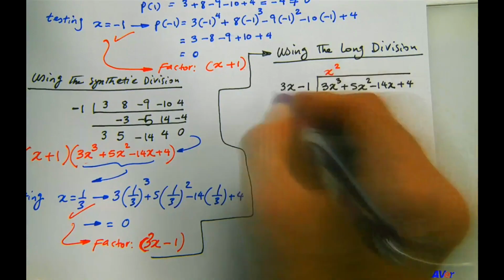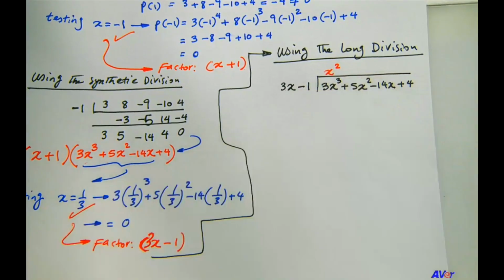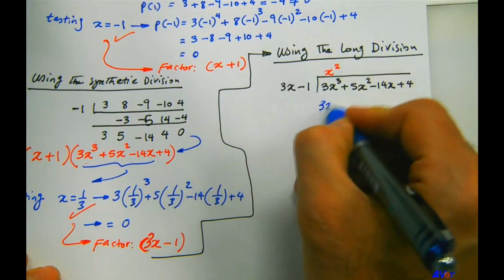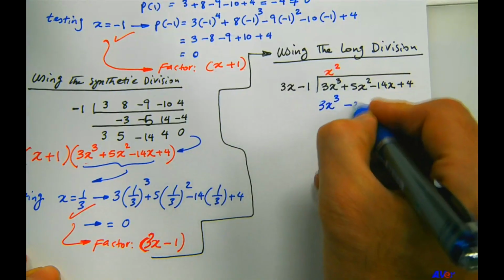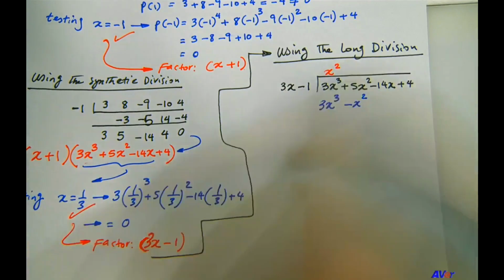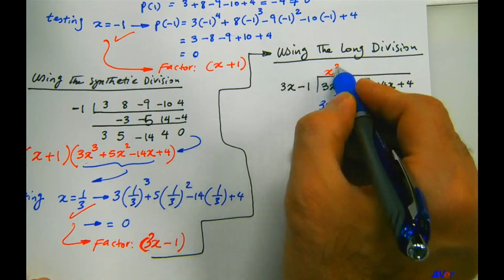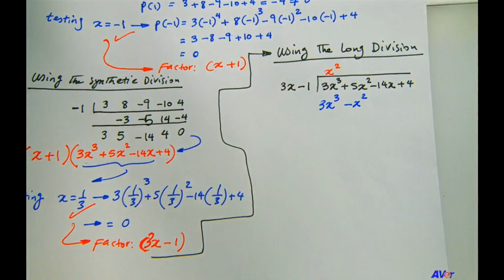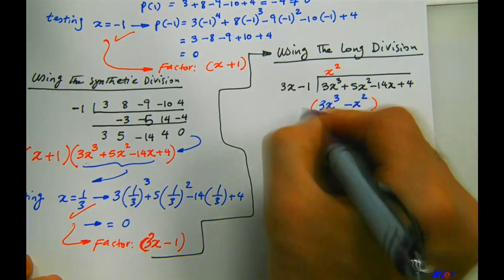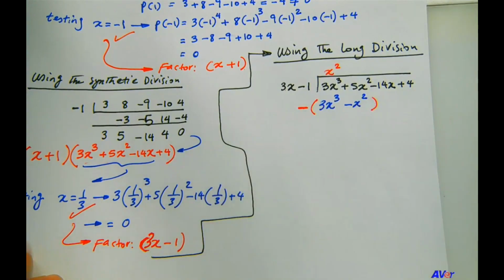So x squared times 3x is going to be 3x cubed. X squared times minus 1 is minus x squared. As soon as you run out of terms to multiply x squared by, you put a parenthesis around this and put a minus in front.